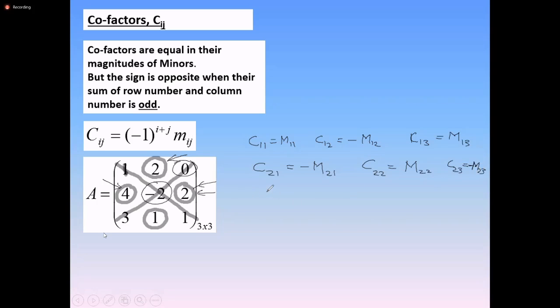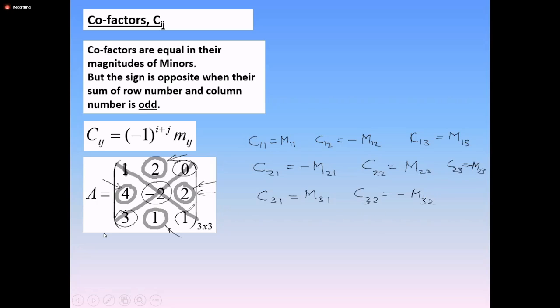The last row cofactors C31, that is in the diagonal position here. You can see it is in the other diagonal. Then it is M31. So C32, middle value of the third row, make it other. Cofactor is opposite sign with M32.